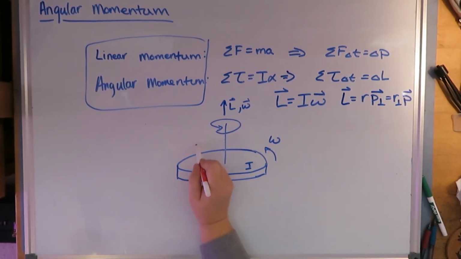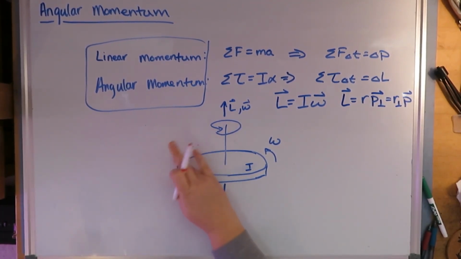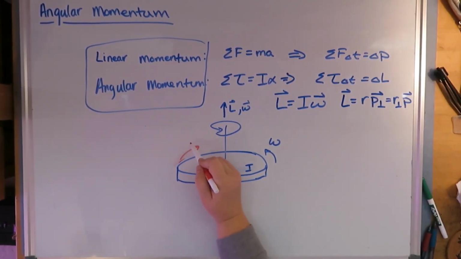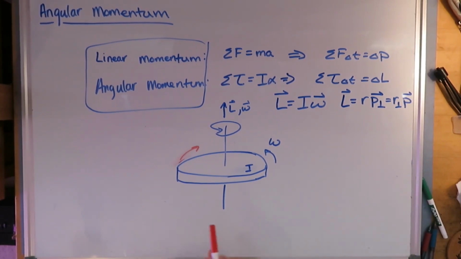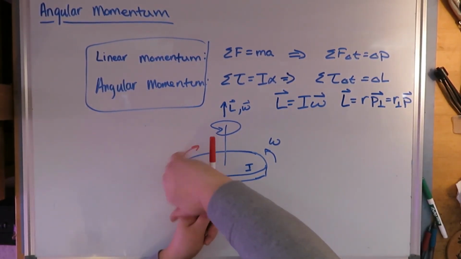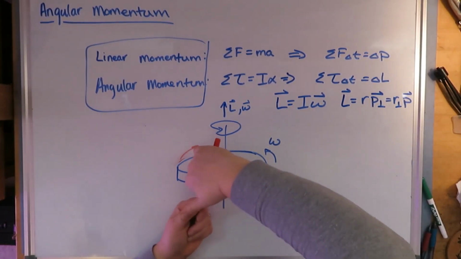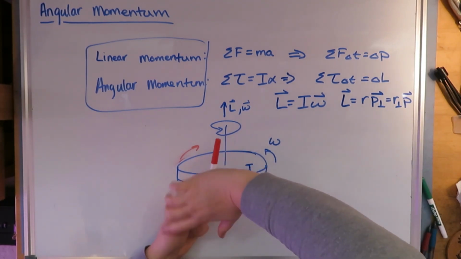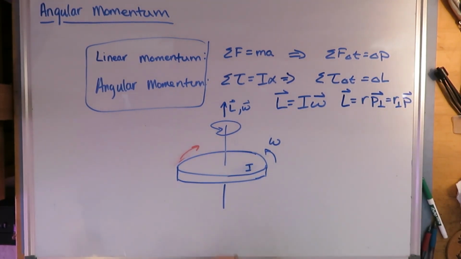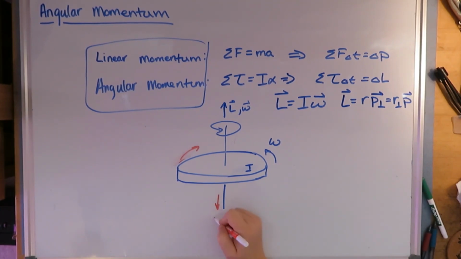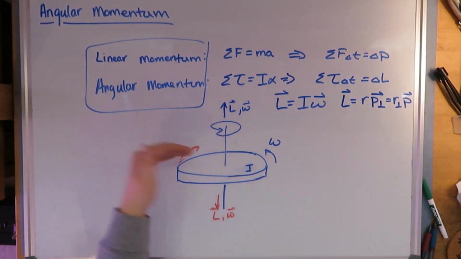If it was rotating in the opposite direction, the clockwise direction, then I would curl my fingers the opposite way, and my thumb would point down the page. So my angular momentum is either going to point up the page or down the page. The vector itself is actually perpendicular to the rotation itself.